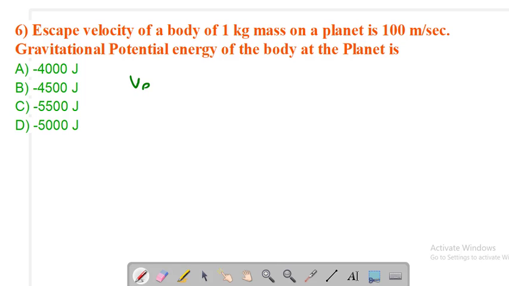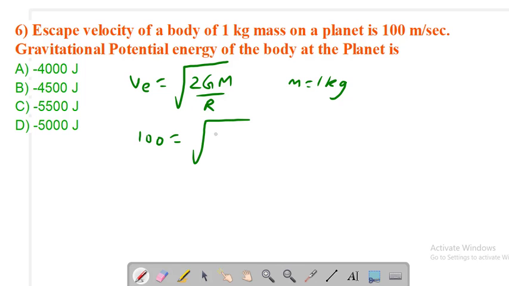VE is under root of 2gM upon r. Small m is 1 kilogram. This capital M is the mass of the planet. So VE is given as 100, so 100 is equal to under root 2gM upon r.